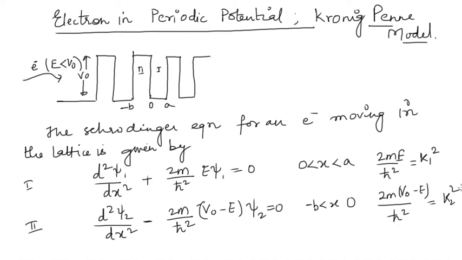Now I've already discussed that my potential in the solid is periodic, so the wave functions have a special form. But first let me write the solutions for psi 1 and psi 2. Let me call these equation 1 and equation 2.